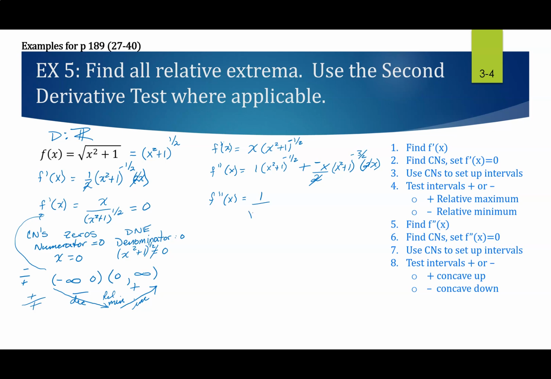And so I have 1 over x squared plus 1 to the 1/2. And then here, remember that was a minus sign, so that changed that from adding to subtracting. I have an x times an x, so x squared in the top, and then the x squared plus 1 to the 3/2 in the bottom.